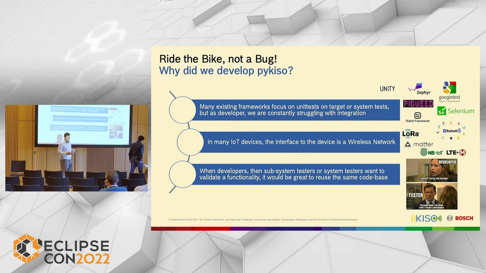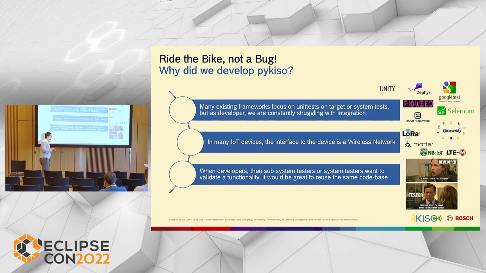But as an embedded software engineer, I'm always struggling with integration. Integrating, for example, because we have an e-bike, the CAN stack, or maybe a higher protocol stack on top of the CAN stack. And I'm not able, with these two extremities, to test exactly my integration.